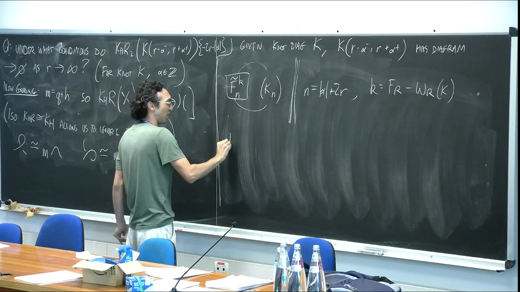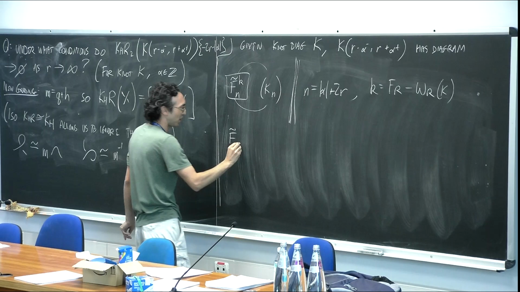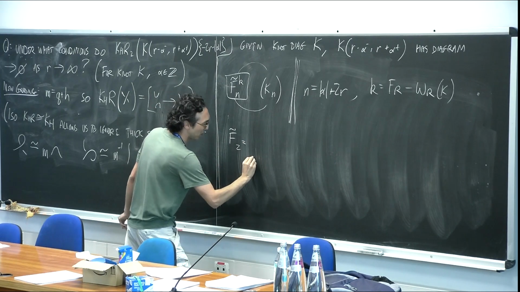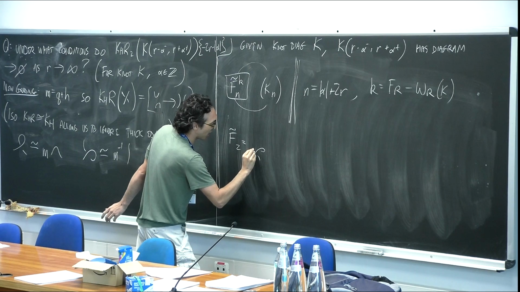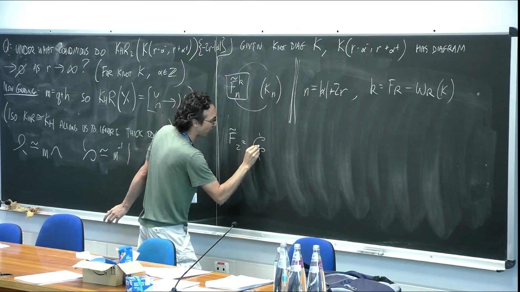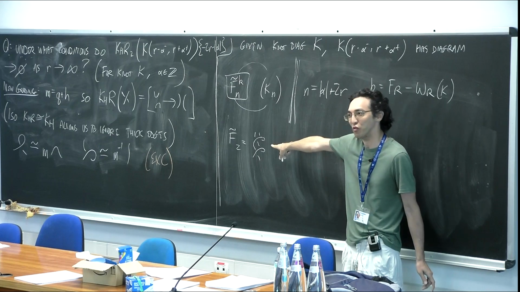Well, I draw F for full twist, this little twiddle, because I really mean a framed full twist, so things like this. Full twist on 2 strands.